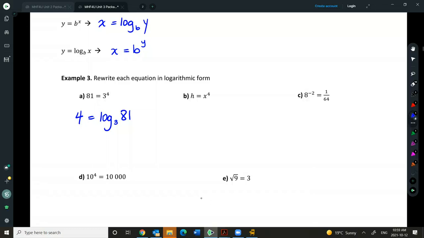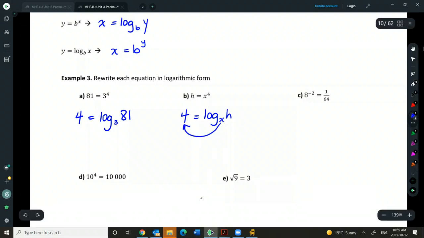It would be like 4 equals log of h, and then the x will be the subscript. So we read this as log base x of h. So we're basically saying x to the exponent 4 should give us back this value.